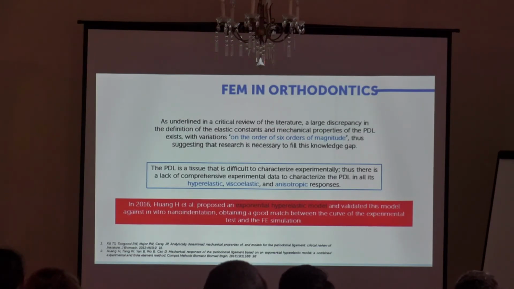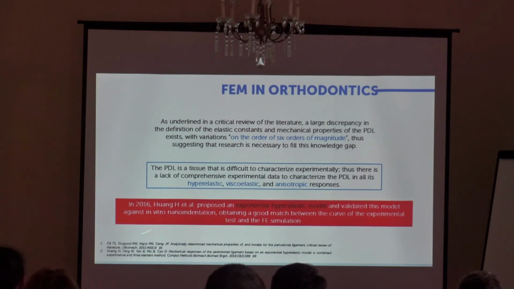And this is because the periodontal ligament is a tissue that is really difficult to characterize, because again, it is really difficult to study in vivo which are the strains. So we need in vitro models or maybe mathematical models to try to understand the complex hyperelastic, viscoelastic, and anisotropic responses of the periodontal ligament.